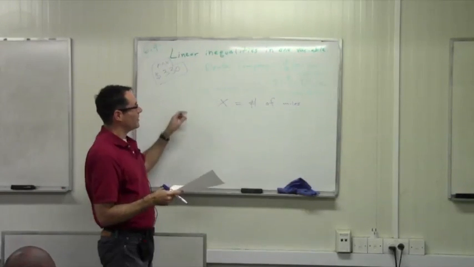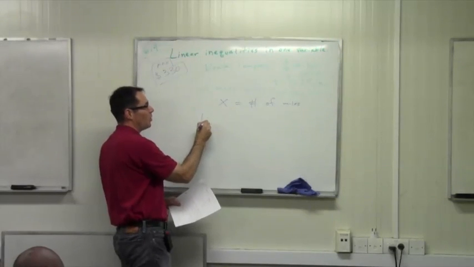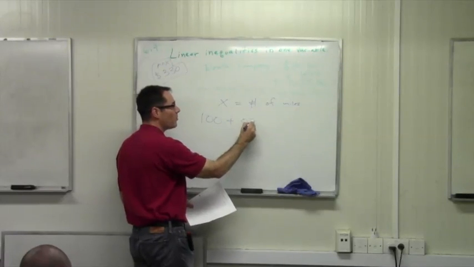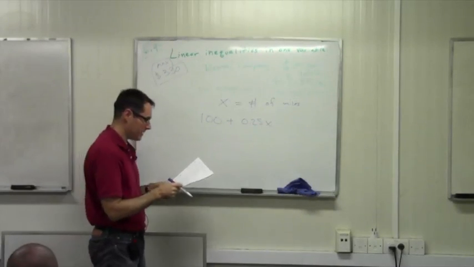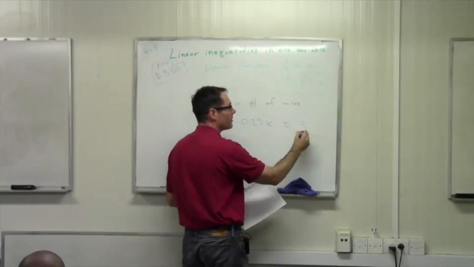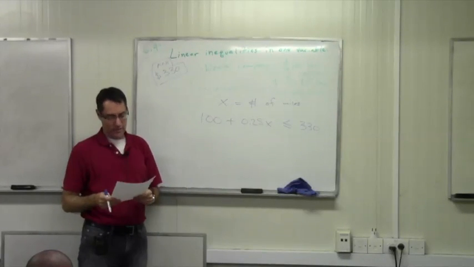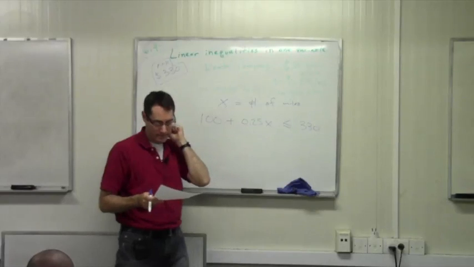So here's what we're going to write down: the cost is going to be $100 plus 0.25x for the number of miles, and that has to be less than or equal to 330, the maximum cost that you can spend.